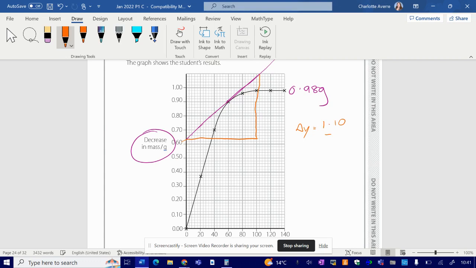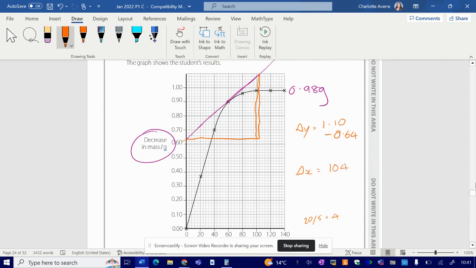1.10 minus 0.64, and the change in the x-axis is going to be, actually I've got the line wrong there, so it should be to there, is going to be 100 and so 20 divided by 5 is 4, so it'll be 104 seconds.